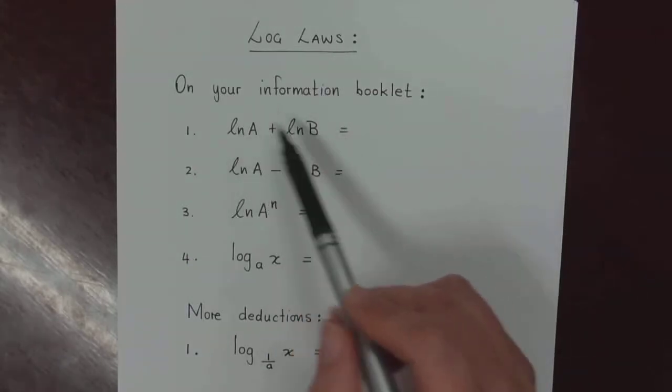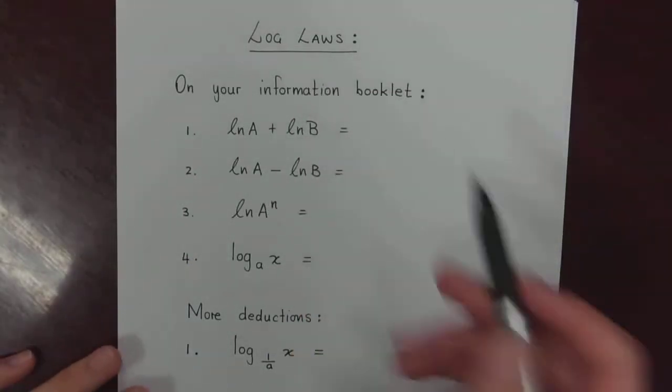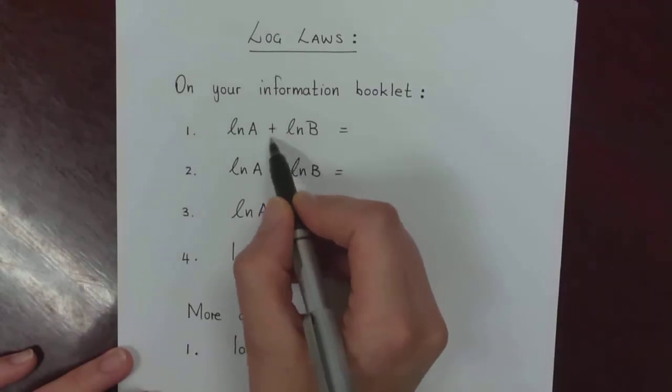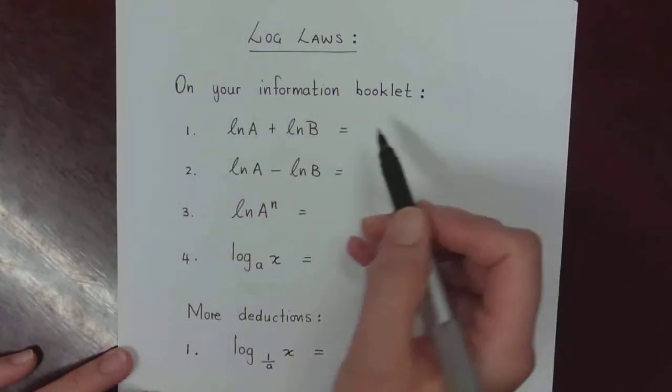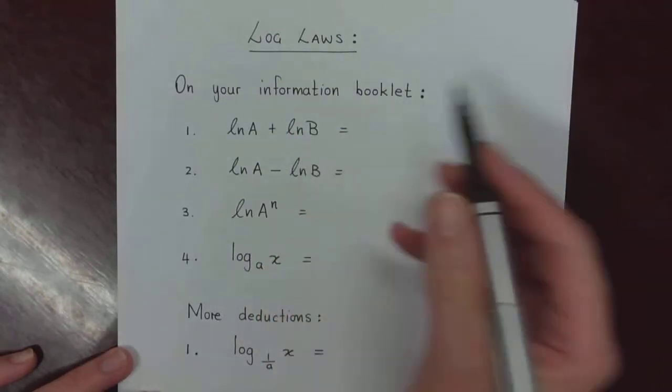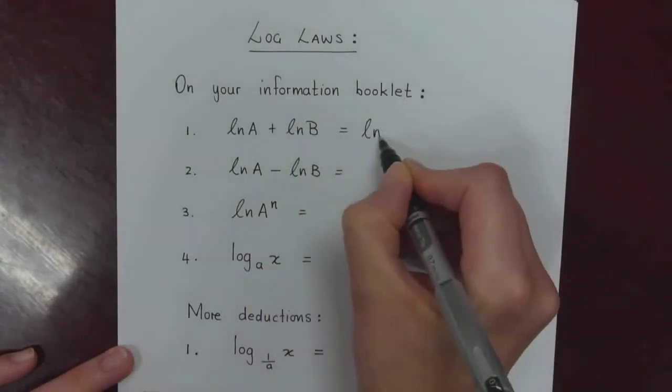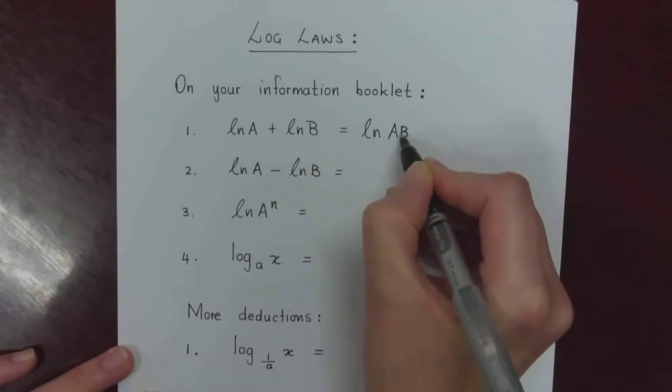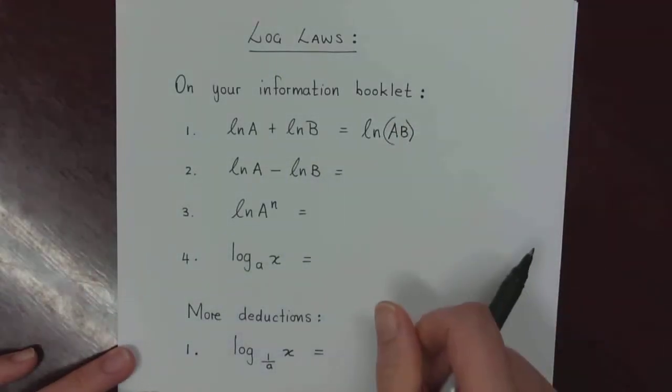So according to the log laws you did at the beginning of the year, if I add two logarithms and the bases are the same, which they are, because ln means the base is e, I can then say it's the ln of a times b. And this does appear on your formula sheet.